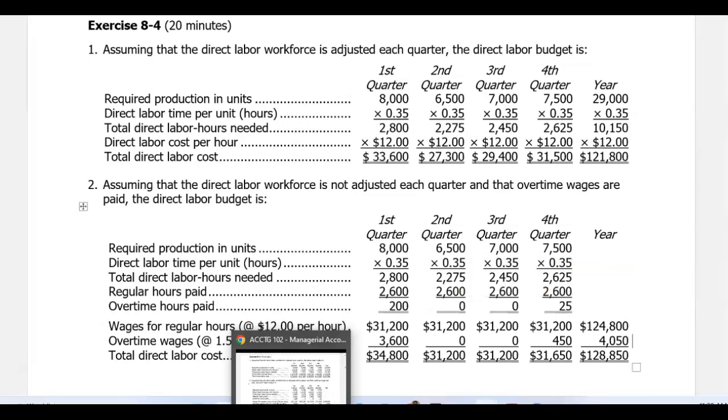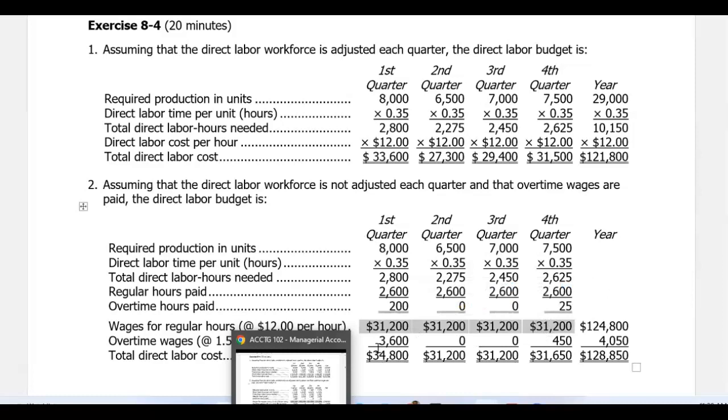So wages for regular hours, assuming if we are paying, let's say $12 per hour. So $12 per hour times 2,600, that's 31,200. 31,200, 31,200, 31,200, because we pay just for regular time.